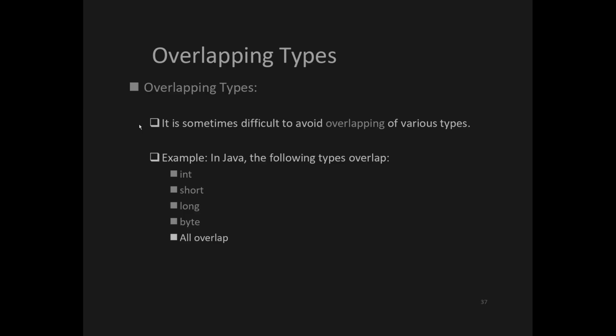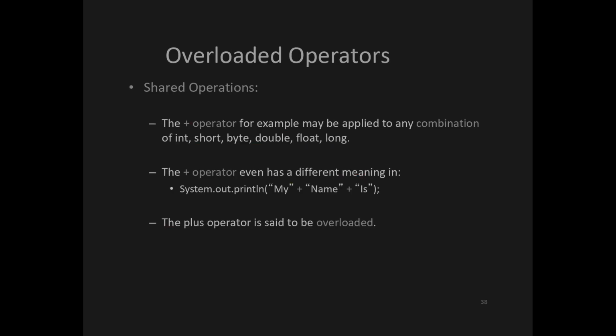Now, overlapping that we mentioned, it is sometimes difficult to avoid overlapping of various types. In Java, the following types overlap: int, short, long, byte, because I suppose they all count as integers, just of different lengths.